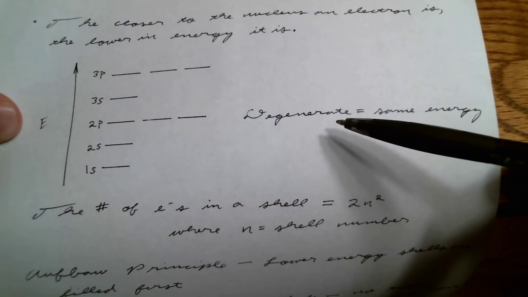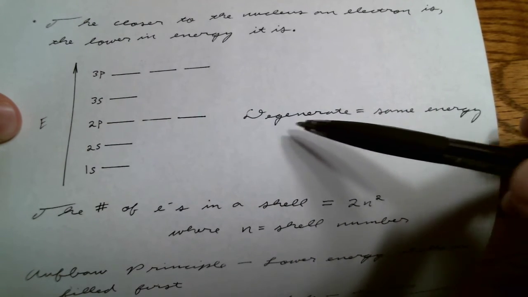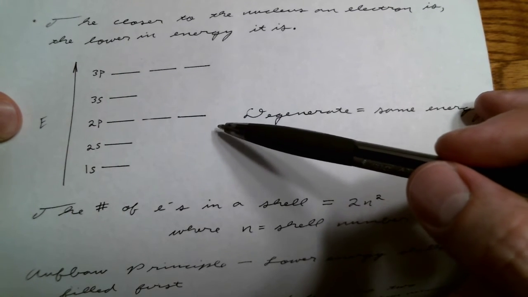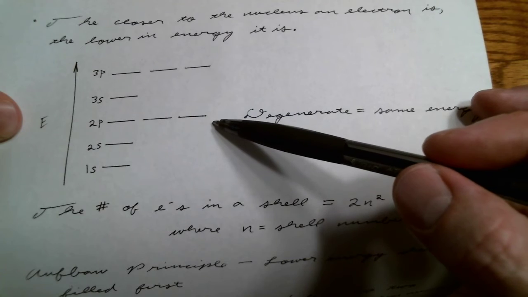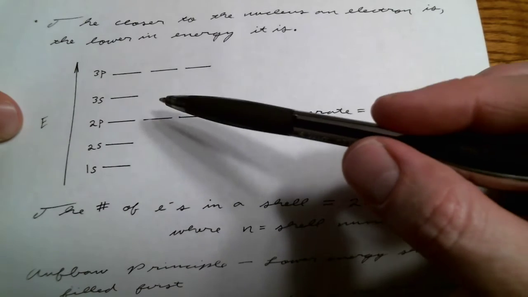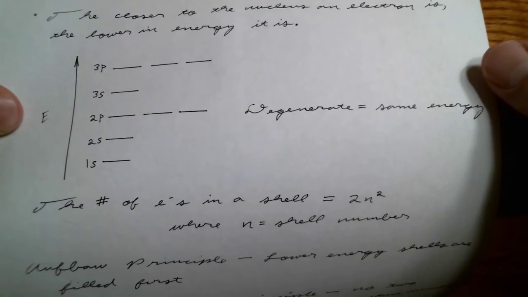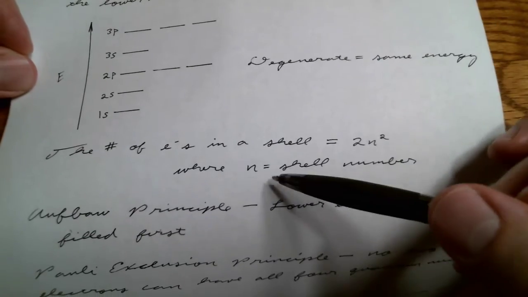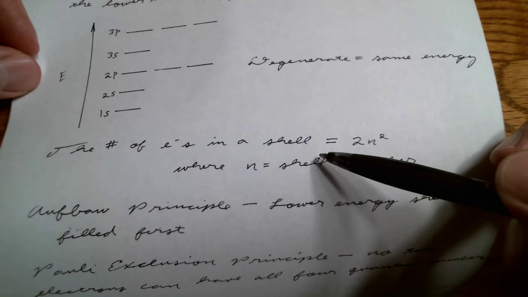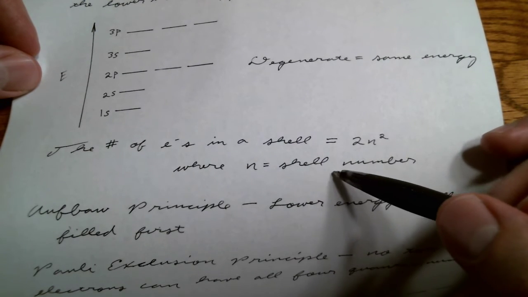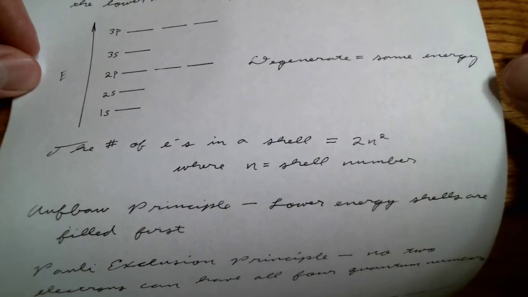We say that they are degenerate if you have atomic orbitals or molecular orbitals that possess the same energy. Then we move up to the 3s orbital and then the 3p orbitals. The number of electrons you might find in a shell is given by the formula 2n squared, where n is the shell number, that is the energy level.